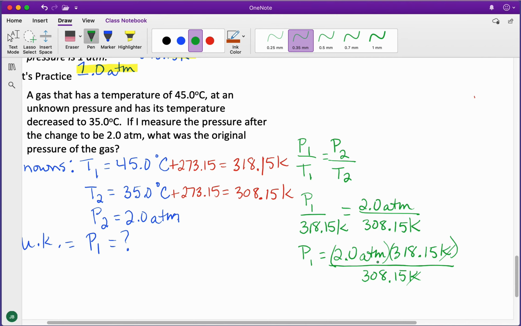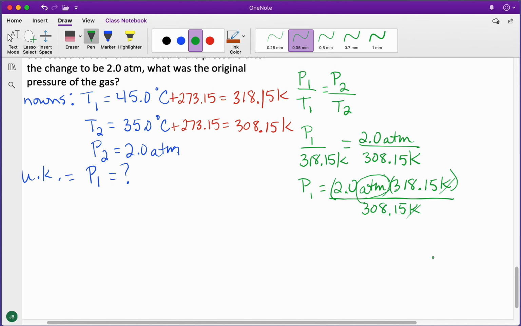We're going to just be left with atmospheres, which is terrific since we're trying to solve for pressure, and atmospheres is a measurement of pressure, so that gives us an idea that we're on the right track. So once again, punch and crunch. And when you do that, you are going to come up with 2.06 and then probably some other numbers after that.